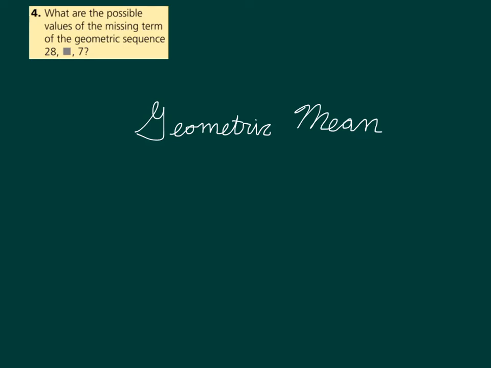Now last year in geometry, you should have learned about geometric mean as it relates to some specific right triangles. Does anybody remember the formula for the geometric mean of two numbers? If I have two numbers x and y, the geometric mean is the square root of x times y.